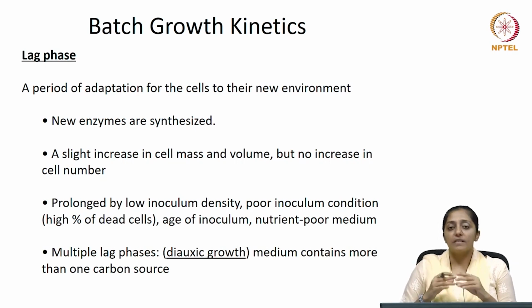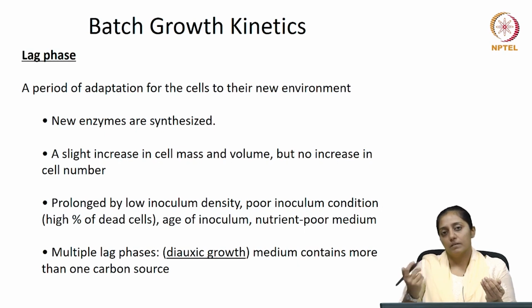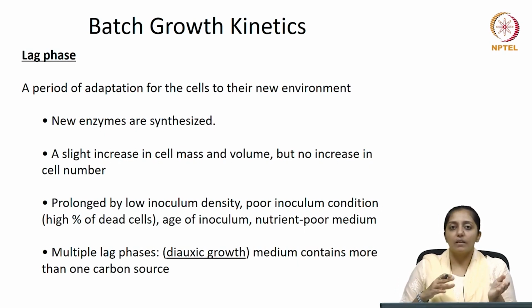Or if there is a large gap between the medium composition in which the inoculum is prepared and the production medium composition. I was talking about the starter culture. Generally, the working cell bank is prepared in a nutrient rich atmosphere.